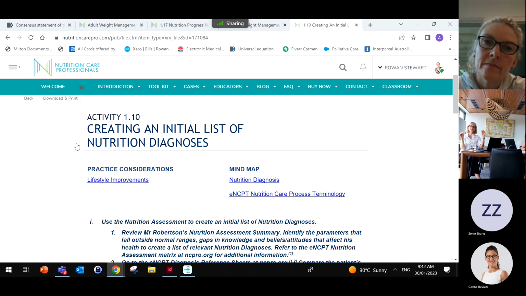If you've got a knowledge, belief, and attitude PES statement, you're going to be focusing on, if it's knowledge, their knowledge and what that means for their health, and how improving their knowledge is going to encourage them to make the necessary changes in their diet. If you've got, say, a biochemical PES statement, something like high lipid levels, then you're going to be focused on changing their diet to change their blood lipid levels.